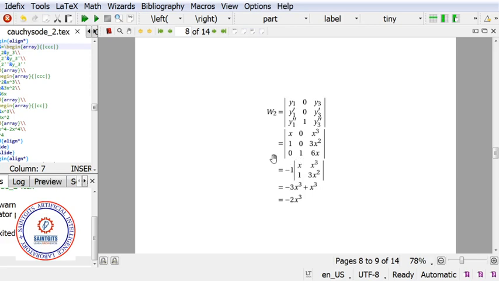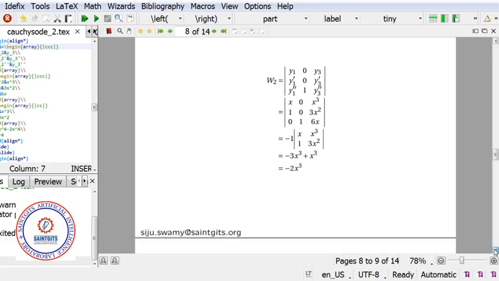The position value, row is 3 and column is 2. So minus 1 raised to 5, that is a minus 1 value. Minus 1 into 1, that is minus 1. Then we eliminate this column and the row containing 1. So x cube, 1, 3x square. When we expand this, we got minus 2x cube.